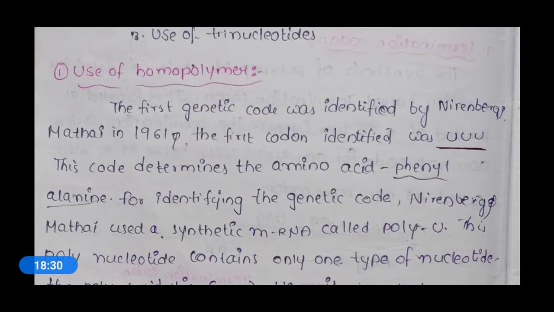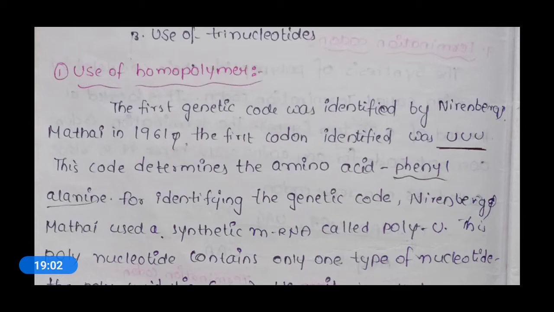For identifying the genetic code, Nirenberg and Mattei used a synthetic mRNA called poly-U. Synthetic means artificial, that is, man-made mRNA, made with poly-U.